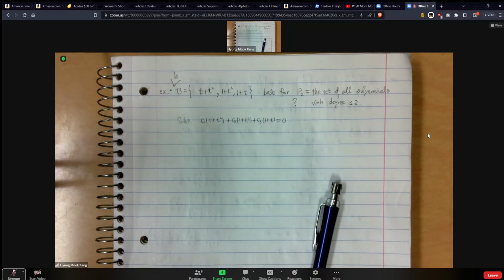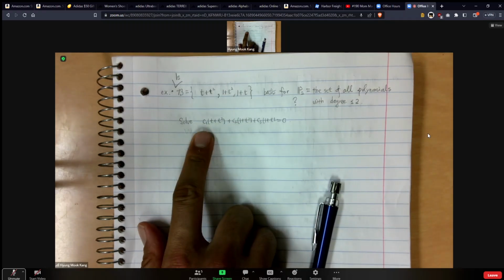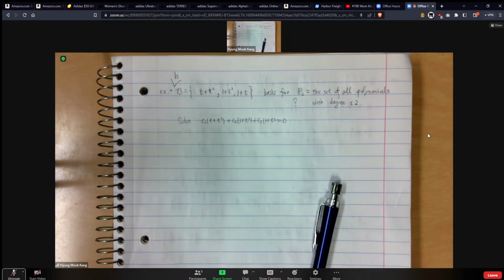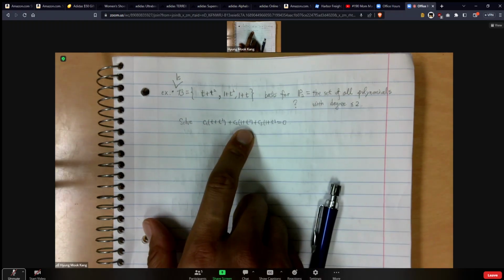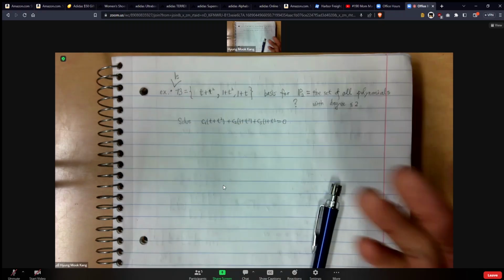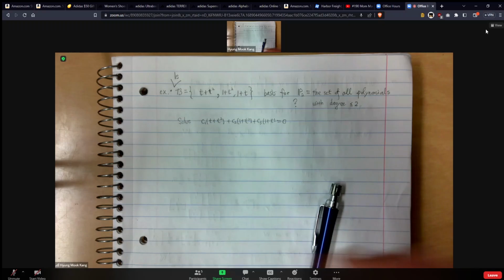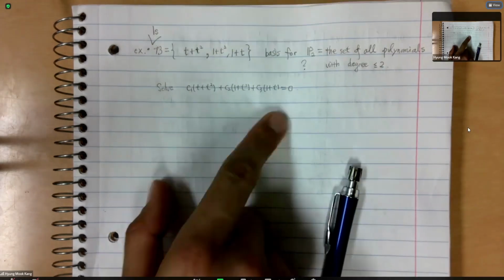Likewise as in Rn, if we solve this and there's a non-trivial solution, it means one vector is a linear combination of the other two, which literally means linearly dependent. Linear independence means they cannot be made by the other vectors.